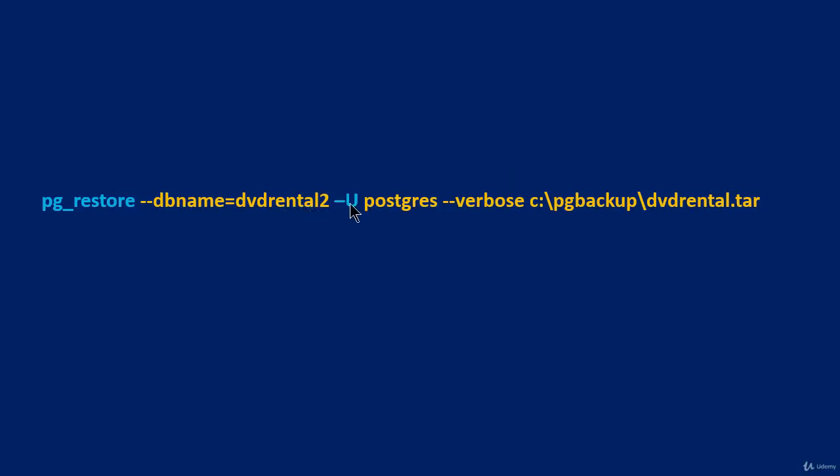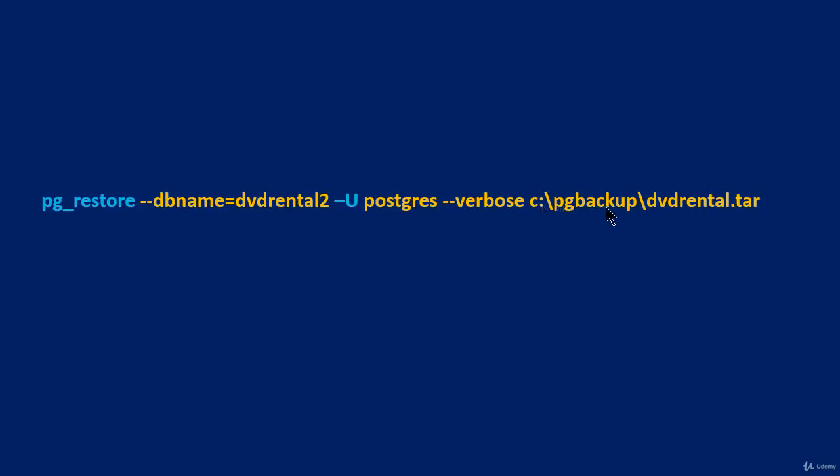So I'm going to use pg_restore tool and use a dash to specify the name of the database that I'm restoring the backup into. I created a new database called DVD Rental 2. And notice I've got a dash capital U. Basically, this means the username I'm going to use to connect to the database. And the username I'm going to use is Postgres.